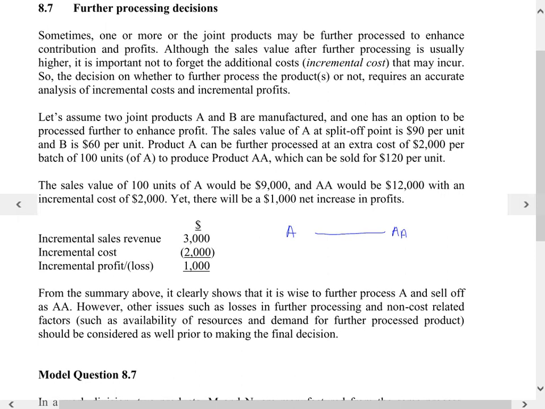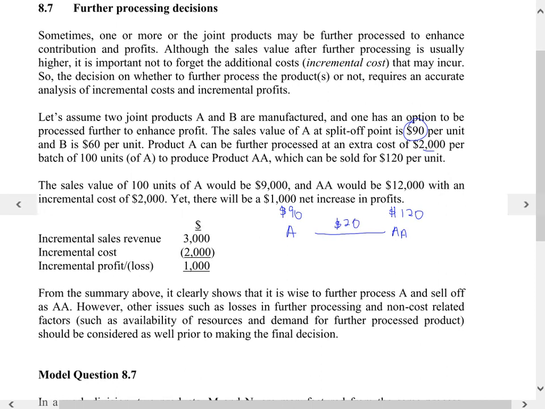what is the selling price? 90. And if I further process, 120, but I must incur how much? 2,000 per batch of 100 means one unit is 20. So should I further process?